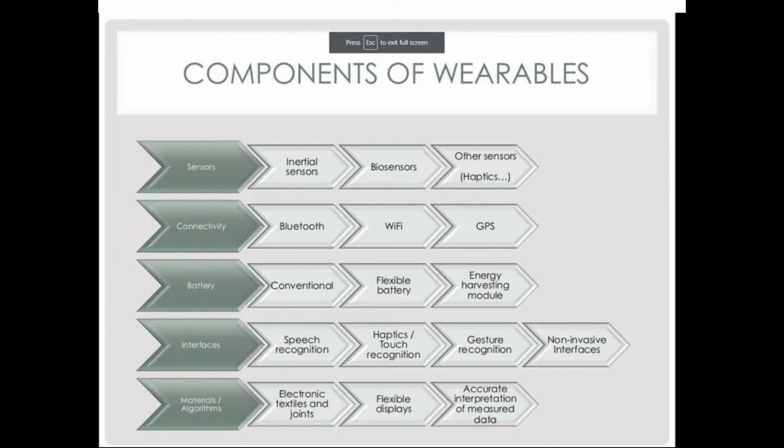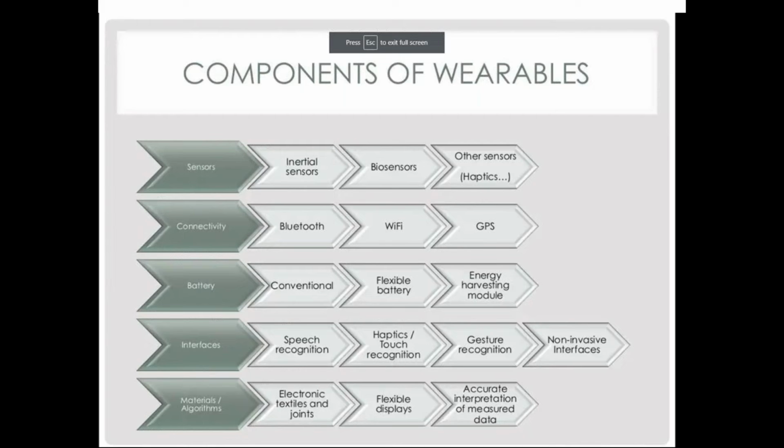The first component for designing any wearable is the sensor. The sensor could be inertial sensors, biosensors, haptic sensors, any other sensor. The sensor should be able to detect the raw data.